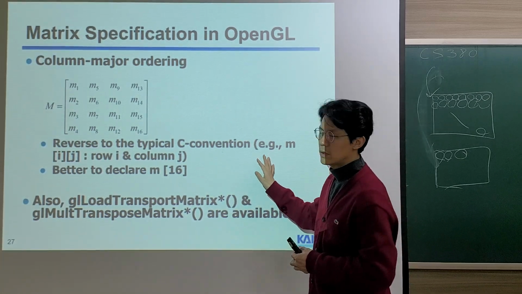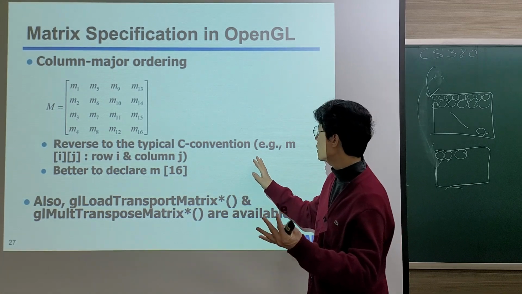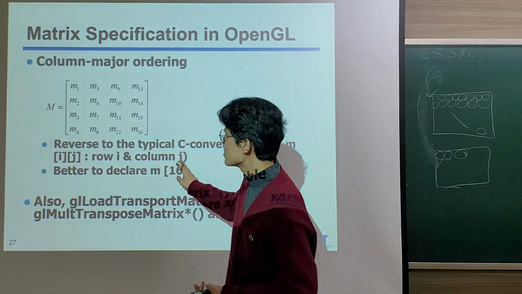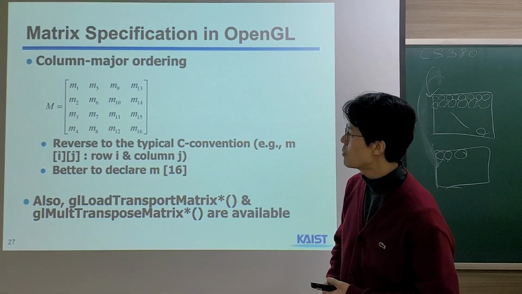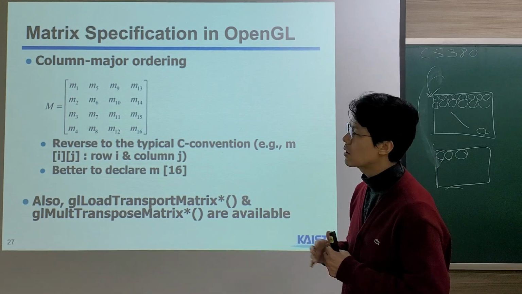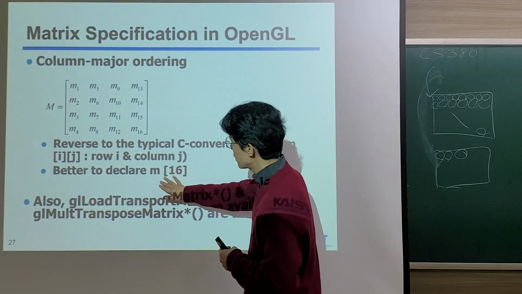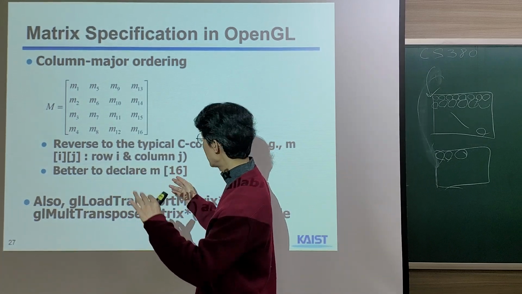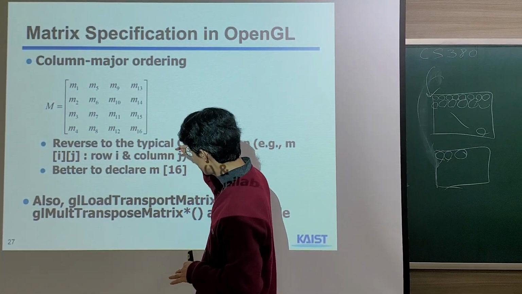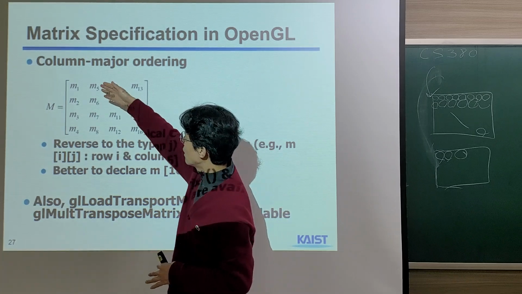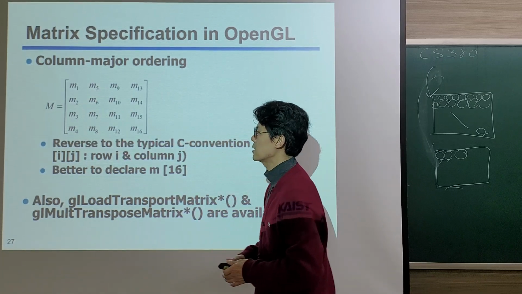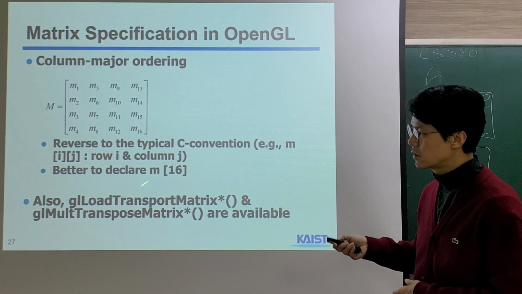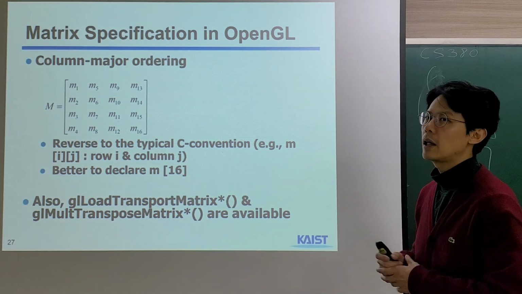Basically we create an array in C with I and J, typically row I and column J, so that is row-major. To avoid this kind of confusion, it's better to declare just a 1D array of 16 elements. Then you should know that OpenGL treats this 1D array as a 2D matrix representation.